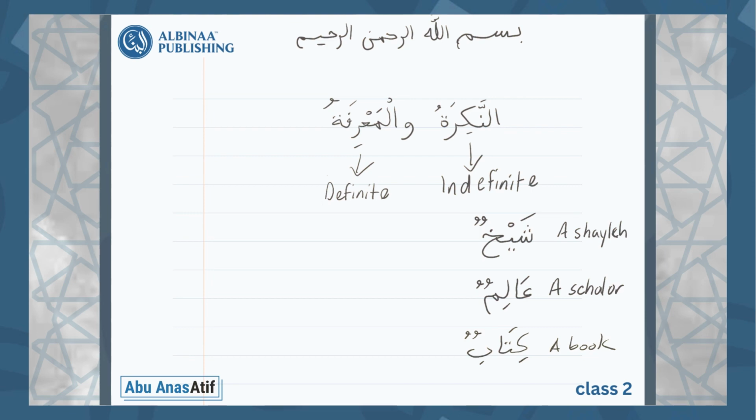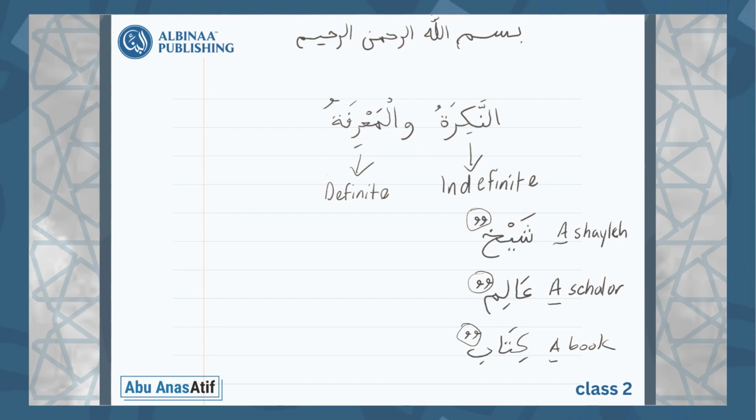So it's not definite. It's not speaking about a particular sheikh or a particular scholar or a particular book. It's any book. And note that we have these two tanween dhamma, or dhammatan, and this gives us the meaning of "a," meaning it's not definite. So it's any. Shaykhun, a sheikh. Alimun, a scholar. Kitabun, a book.